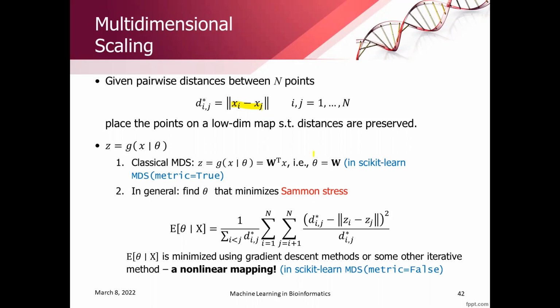It is denoted here with double vertical lines, the norm of the difference between two observations, denoted as delta ij star. This is the difference between pairs of observations. And we would like to map the observations into some other space, and in the other space we would like to preserve the distances.